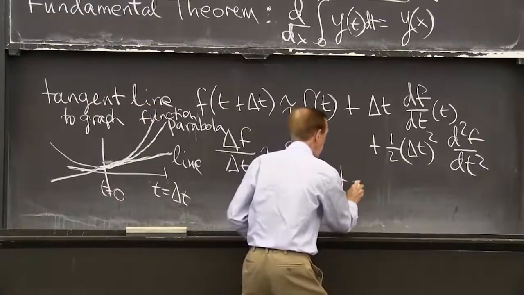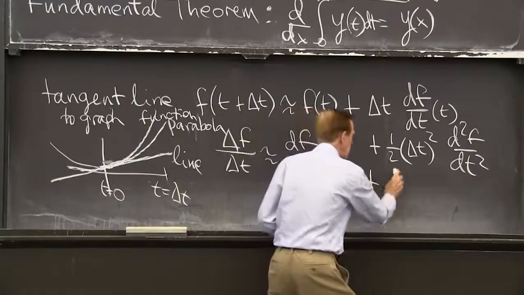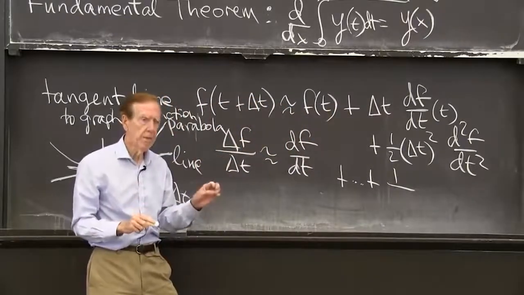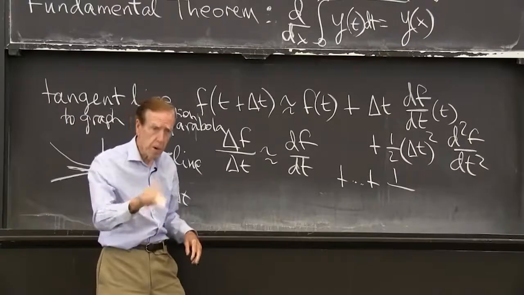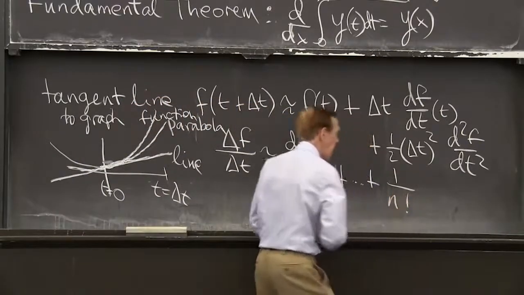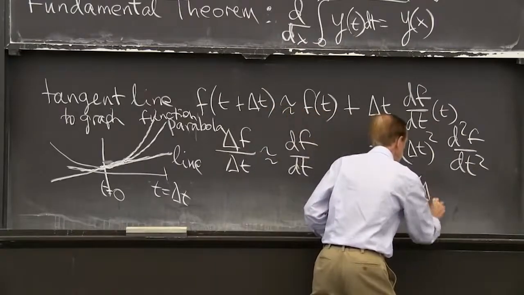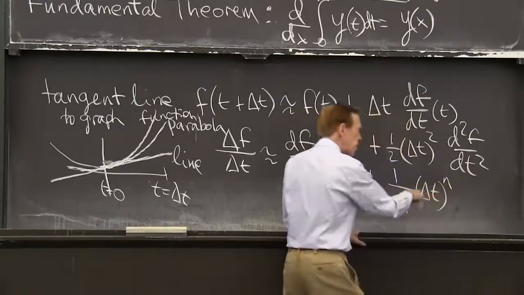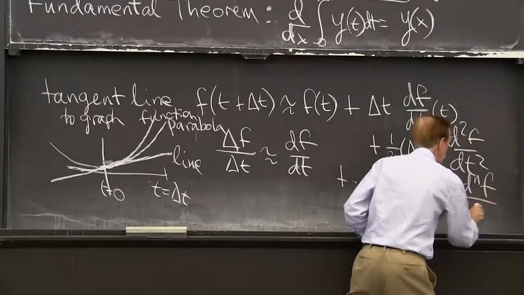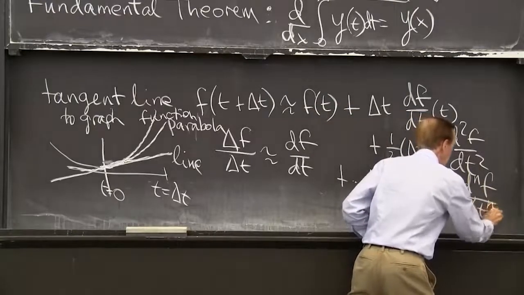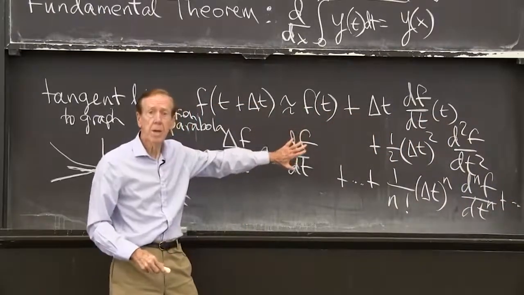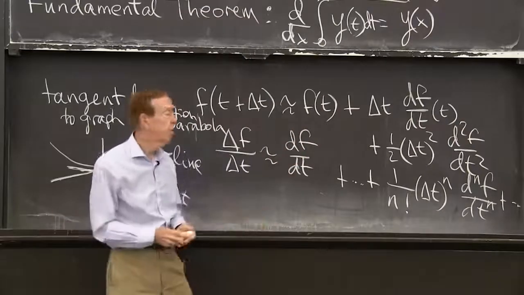So there's a whole lot more, infinitely many terms. The good way to think of that 1/2 is 1/2 factorial, 2 times 1. Because this is 1 over n factorial times delta t to the nth, times the nth derivative of the function. And keep going. That's called the Taylor series, named after Taylor.